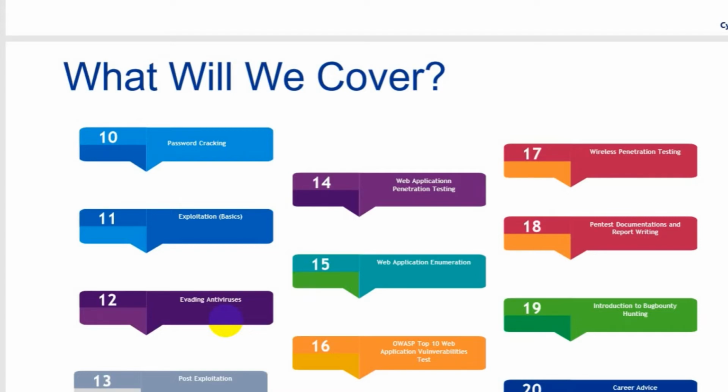So you have to learn how to bypass some of these antiviruses to achieve your goal on the systems. So we will learn how to evade or dodge these antiviruses that have been set up on the systems.